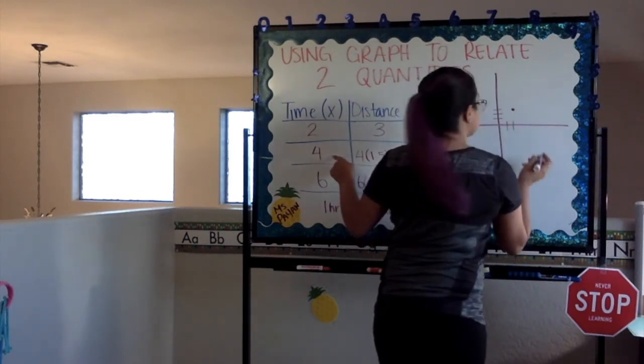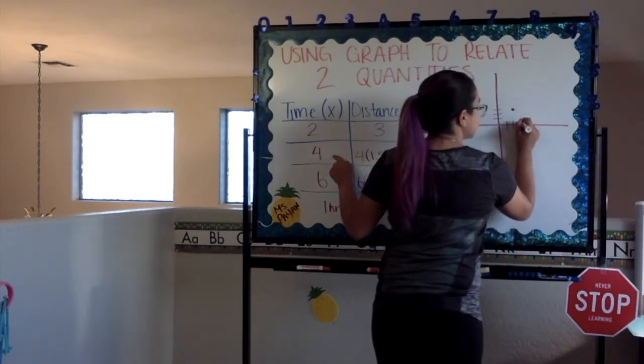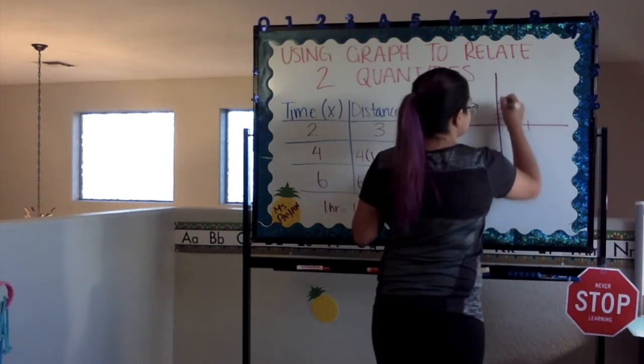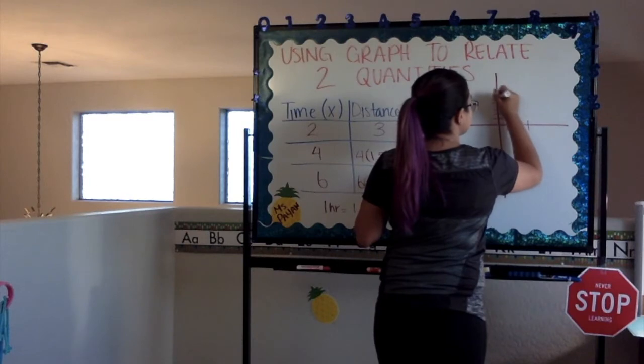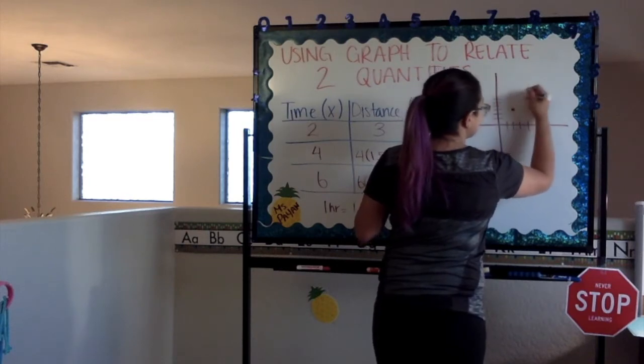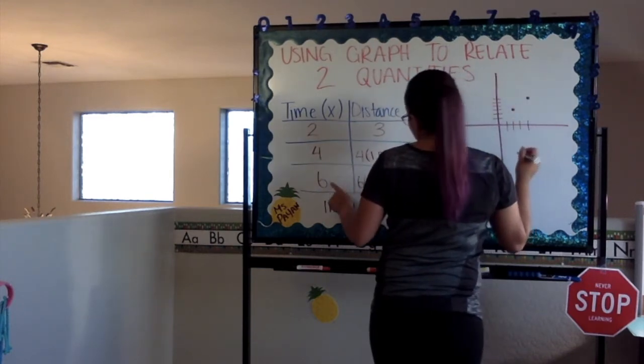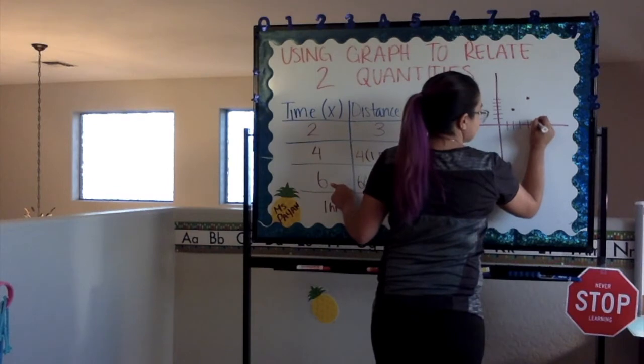Now our next point in x is 4. So 1, 2, 3, 4. And for y we have 6. So 1, 2, 3 more, that's 6. There we have our point. Then we go with 6 horizontal.